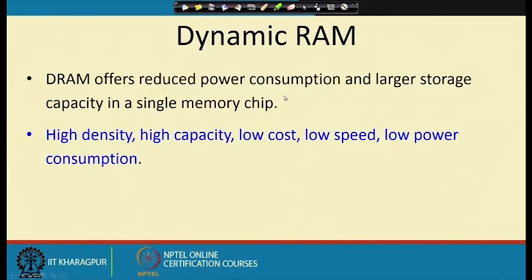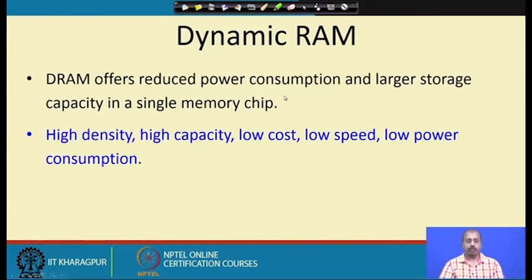Of course, we do not go into the circuit part. In case of dynamic RAM, it offers reduced power consumption. That is one of the largest advantages that we have with DRAM. Storage capacity is high because only a single capacitor is needed for making a DRAM cell. Whereas a standard SRAM cell requires 6 transistors, a standard DRAM cell requires only a single transistor.